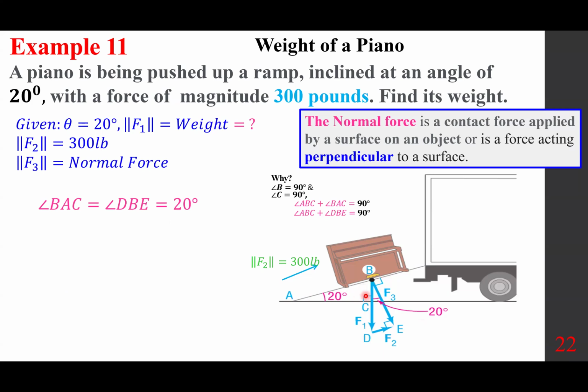So if this is 90 degrees, this angle and this angle, ABC and BAC, these two angles must add up to 90 degrees.